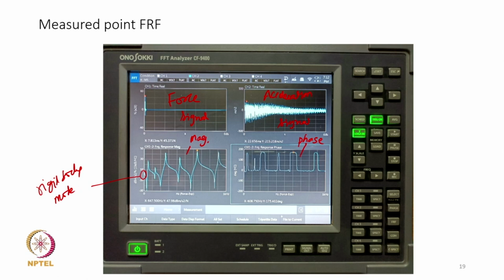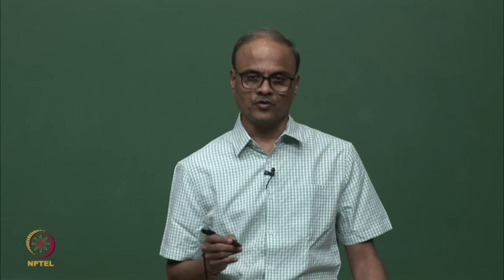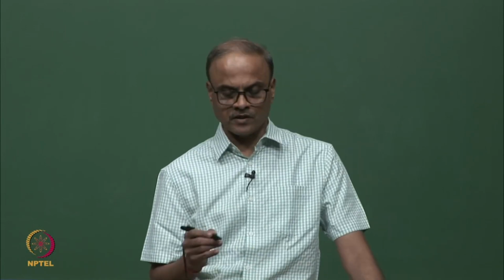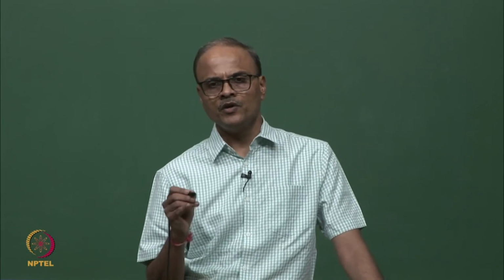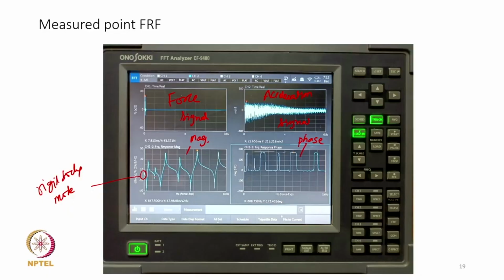So there are 6 flexible modes, and between every 2 consecutive resonant peaks we see one anti-resonance, which is the characteristic of a point FRF, that between every 2 resonances there would be an anti-resonance frequency. So we see, for example, this one, this one, this one, so this one. These are all the anti-resonance frequencies.